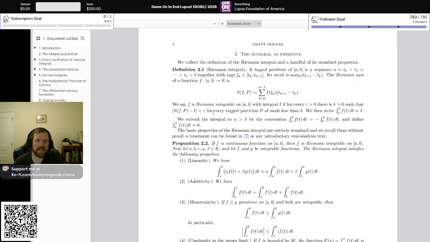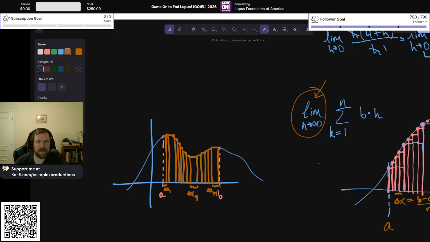All right, so a tagged partition of A to B. In this particular case, the partition splits the interval A to B into some number of discrete parts.